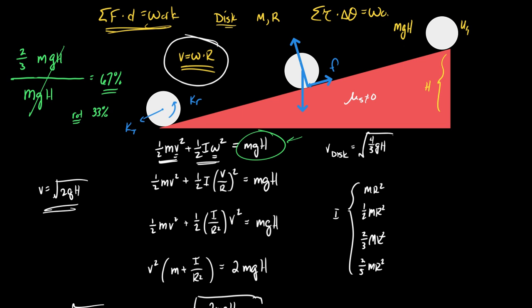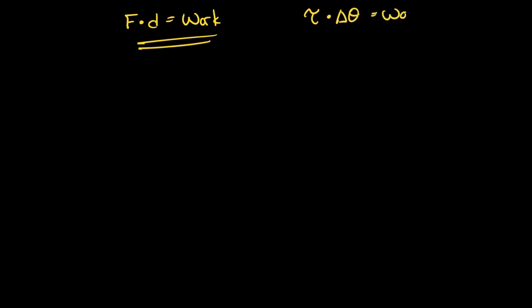This is work for torque. In fact, let me put that here someplace. If force dot distance equals work for translational forces, then torque dot delta theta equals work for rotational forces.